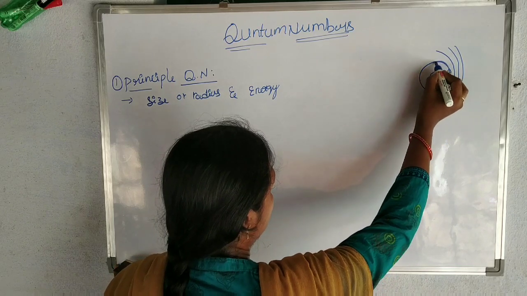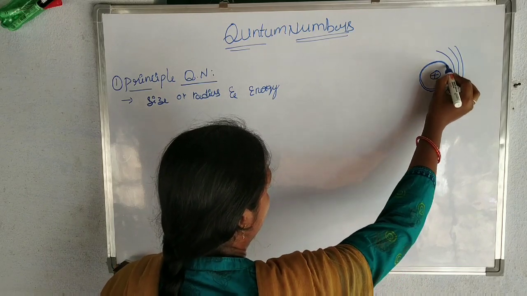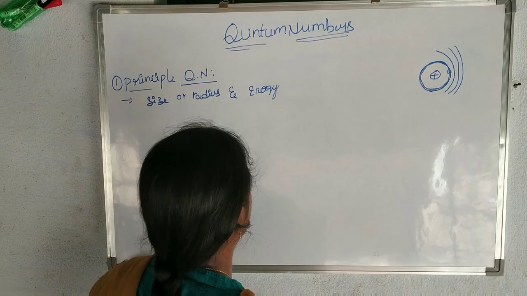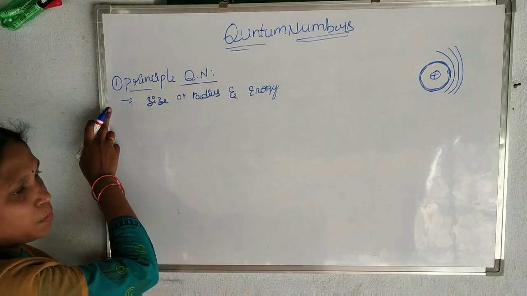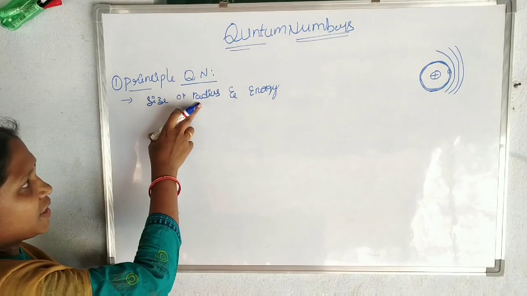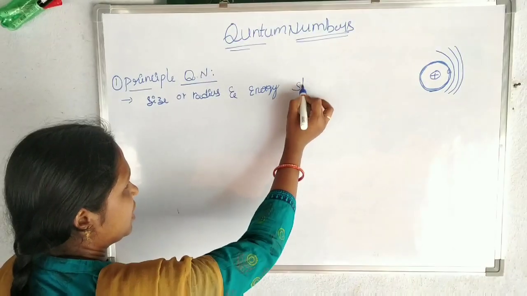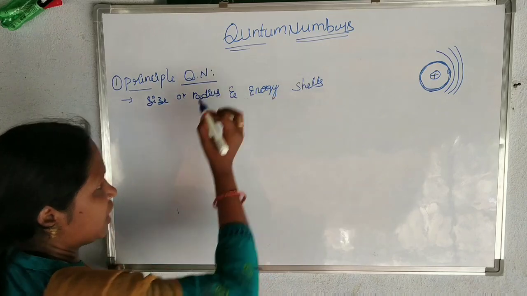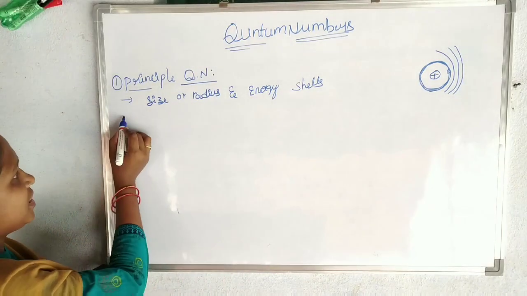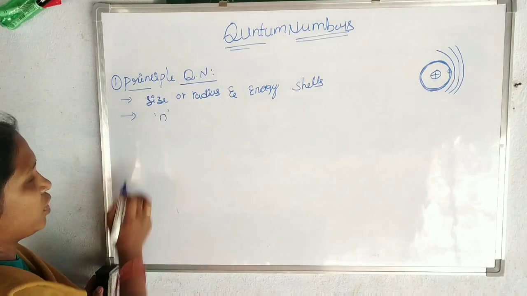Whatever the circular paths are there, those are known as shells. Here the principal quantum number explains the size or radius of the shells and also the energy of the shells, and it is indicated with a small letter n.